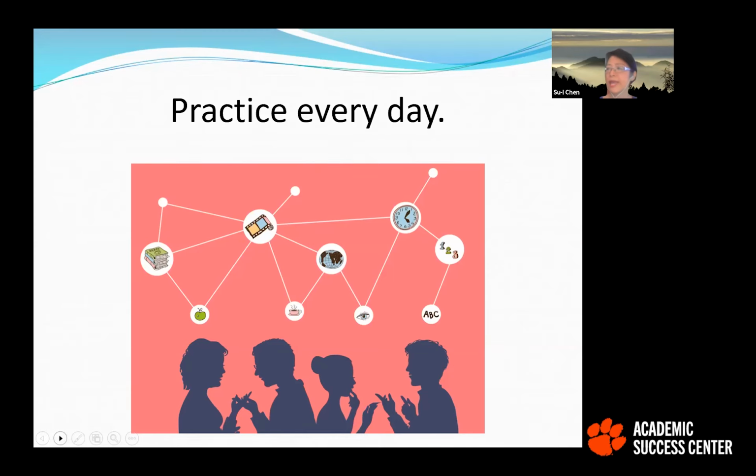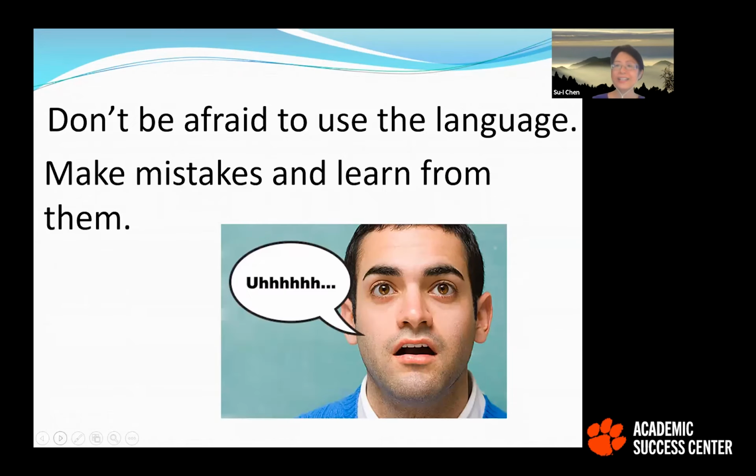Okay. Next one. It's very important. Well, the differences between kids learning language and adults learning language is because for adults, okay, we have psychological issues because we are afraid of losing face, right? We are afraid of making mistakes, okay?